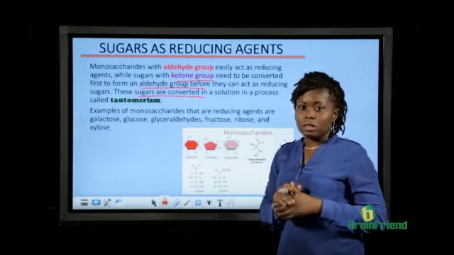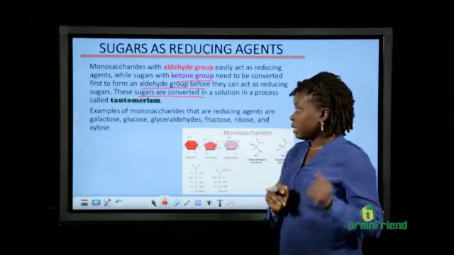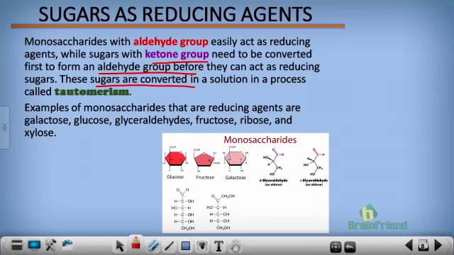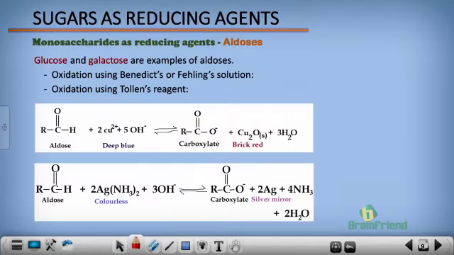We'll be looking at the meaning of tautomerism in another of our lessons. Examples of monosaccharides that act as reducing sugars, as we said, all monosaccharides are reducing sugars. Some of them are galactose, glucose, glyceraldehyde, fructose, ribose, and cellulose. You can go online and check out other types of monosaccharides, okay?